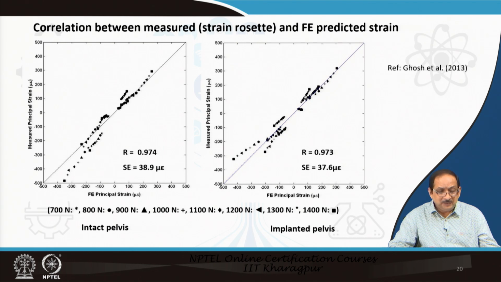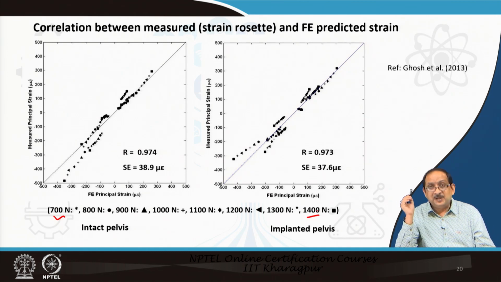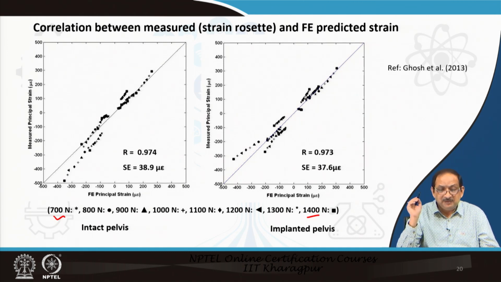Here we have several load cases from 700 to 1400. In steps of 100 newtons, we have increased the load and recorded the measurements, as well as calculated the FE strains at comparable locations.